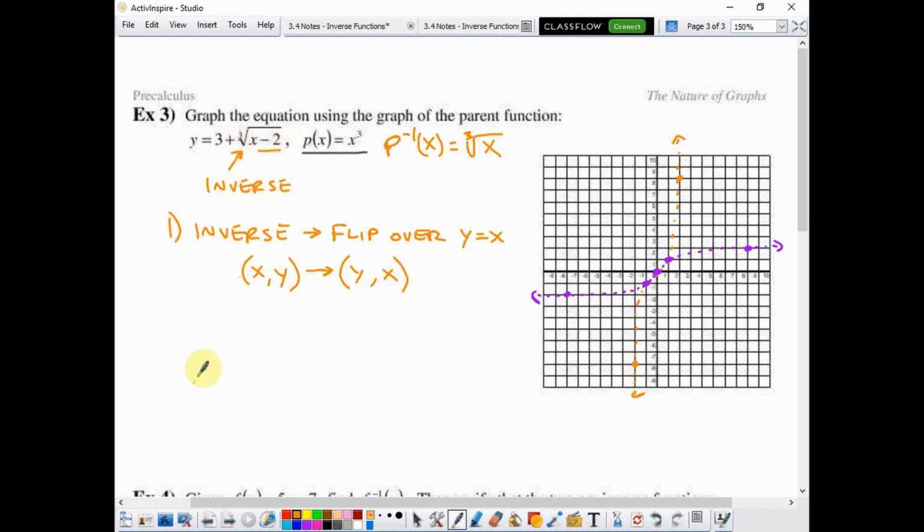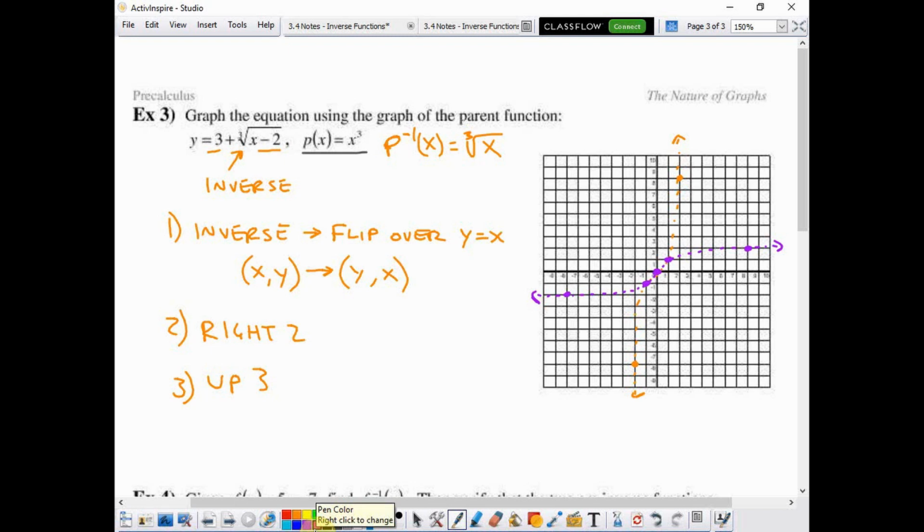Inside the function is a -2, so the second transformation is that this graph shifts right 2 units. And then outside the function is +3. So the next transformation is that it shifts up 3 units.